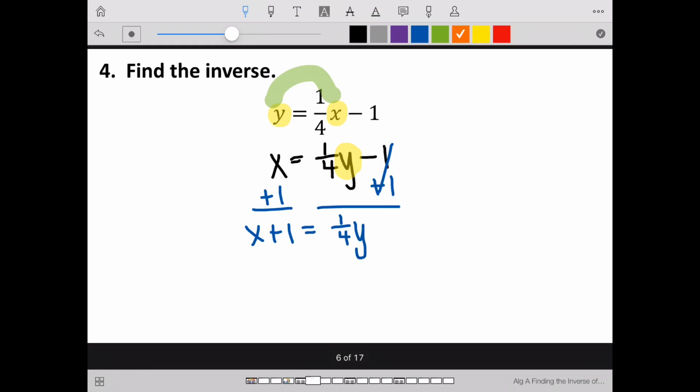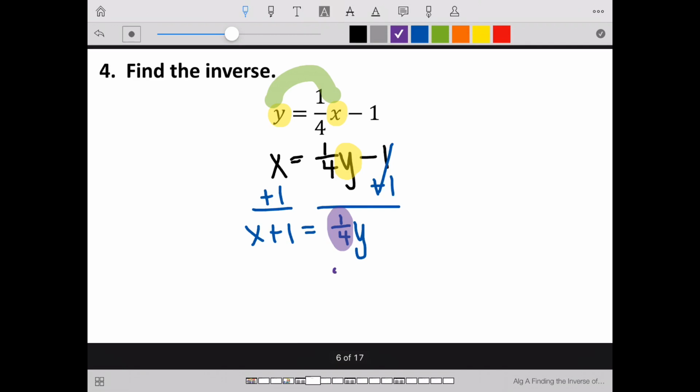Now this part is a little tricky, and we've never really done this before in class. So when you have a fraction, like 1/4 in front of a y, to cancel it out, what we are going to do is multiply by the reciprocal.